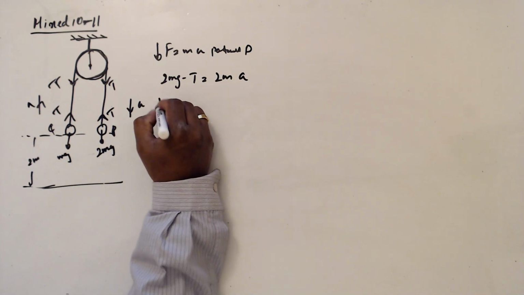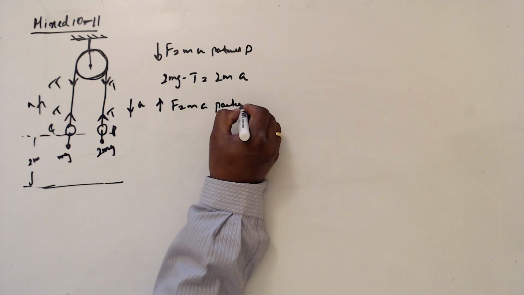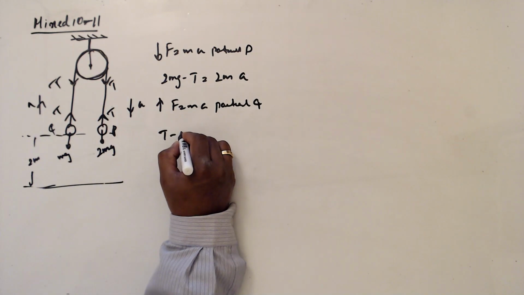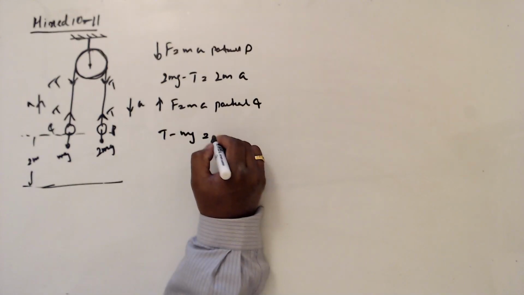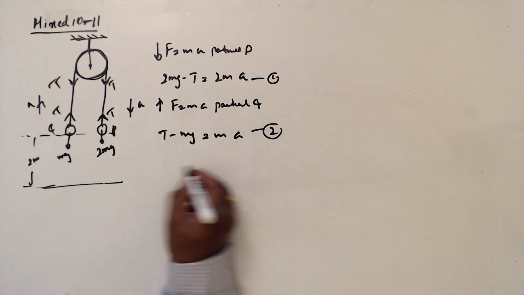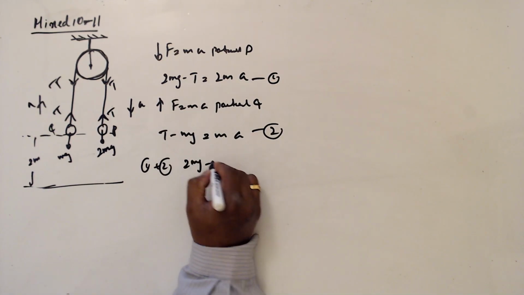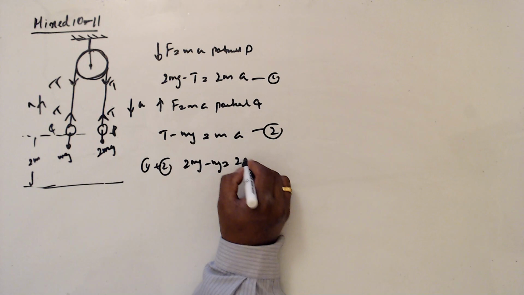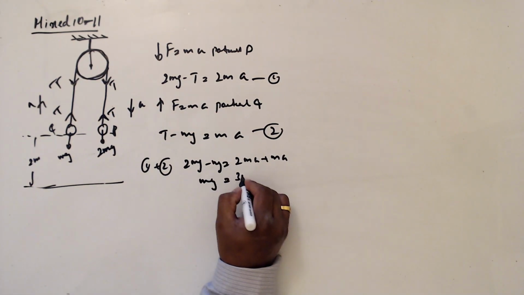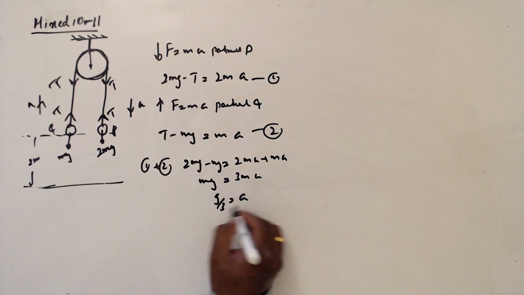Then F equals ma upward for particle Q: T minus mg equals m times a. So this is equation 1 and this is equation 2. When you add those together, T cancels out: 2mg minus mg equals 2ma plus ma, that is mg equals 3ma. So m cancels out, and g over 3 equals a.